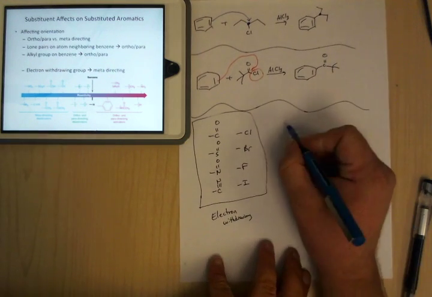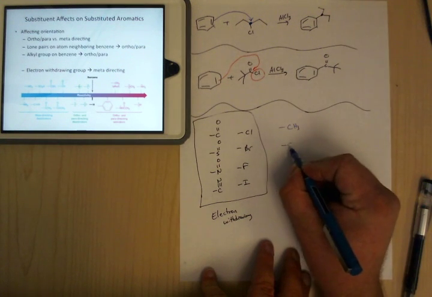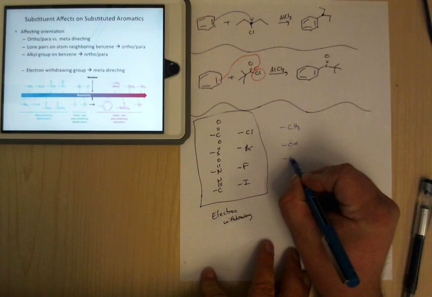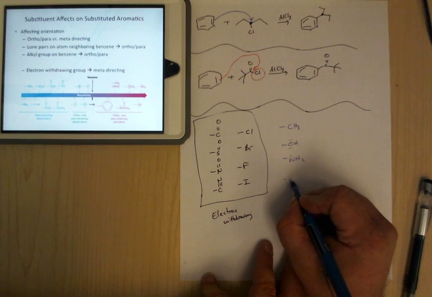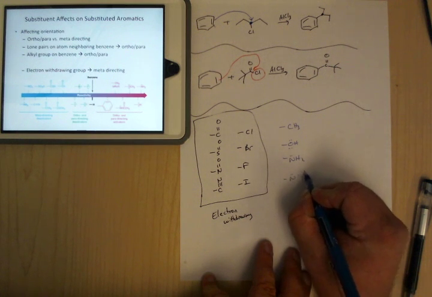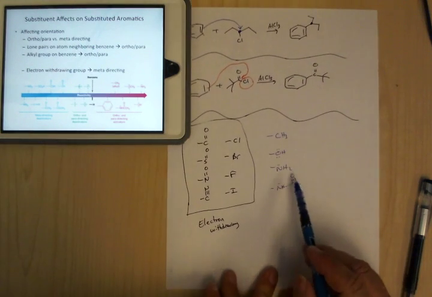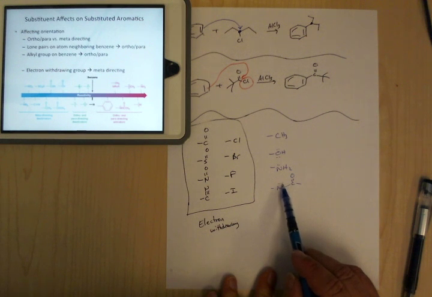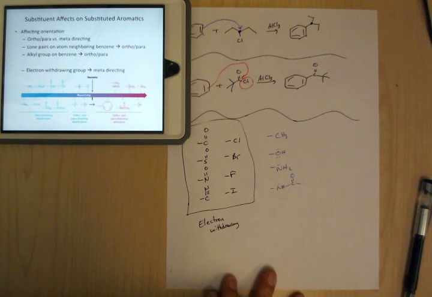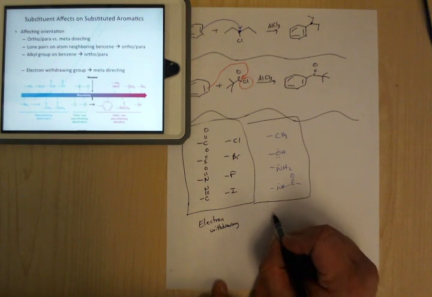But if you have things like just regular carbon, like an alkyl group, or nitrogen on there, and even this one here, which drives people nuts, even though it isn't quite as beneficial as these guys here, you have lone pairs right next to the ring. These are electron donating.